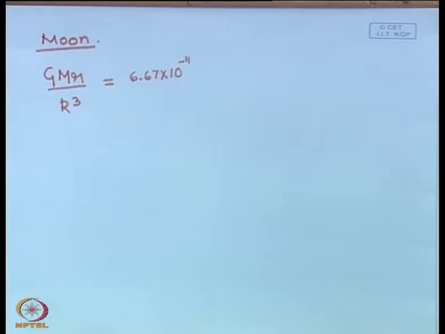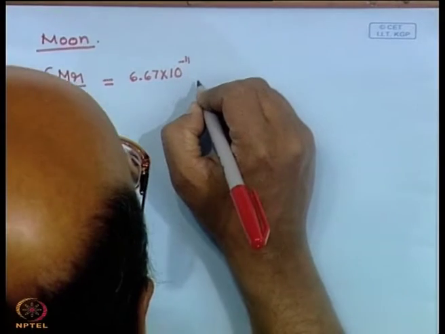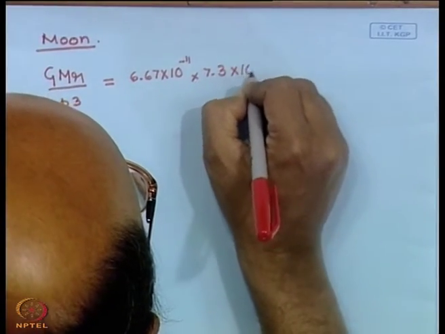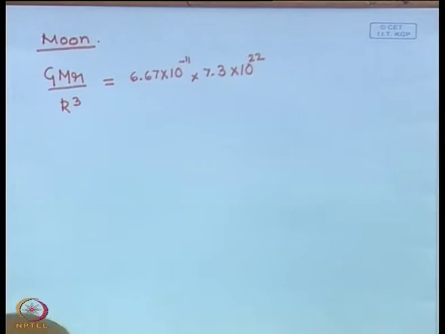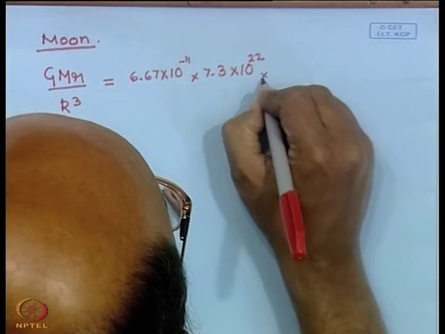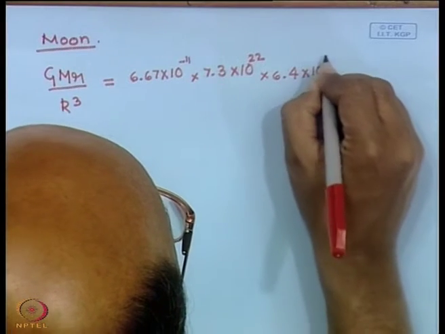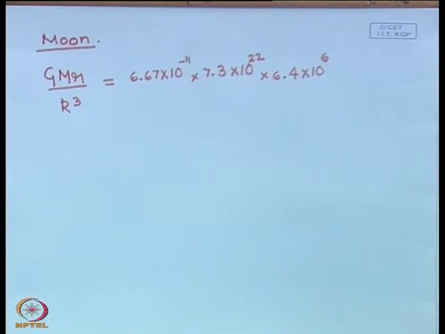Okay. Then the mass of the moon we have just seen, it is 7.3 into 10 to the power 22 kg. We are working in SI units throughout, so I will not write the units. And the radius of the earth is 6.4, 6,400 kilometers, so in meters. Okay.